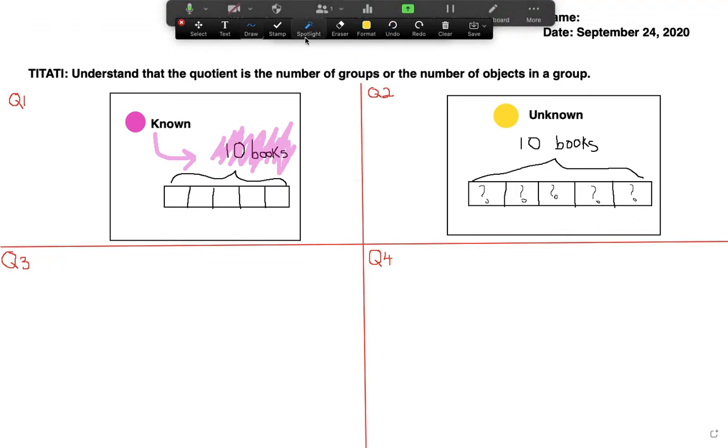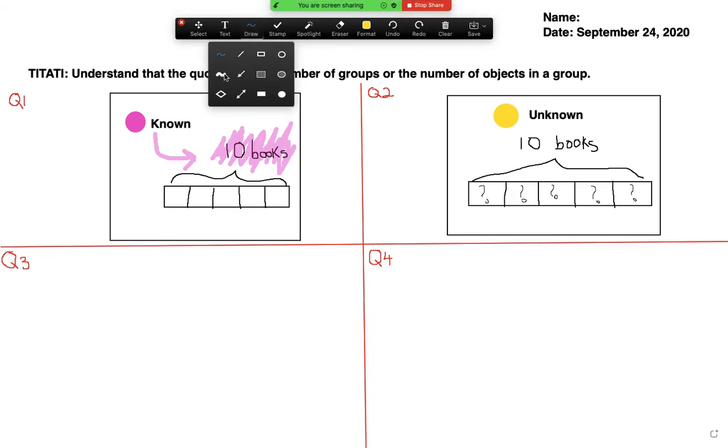We don't know what that number is until we figure it out, right? So our unknown, our yellow, is going to be 1 square. It wouldn't be all of them because all of them we know equals 10. So 1 square is our unknown.